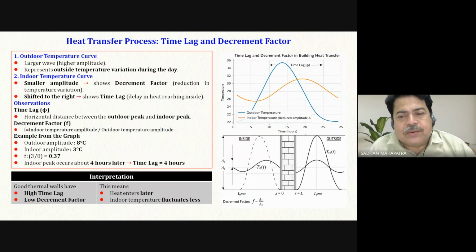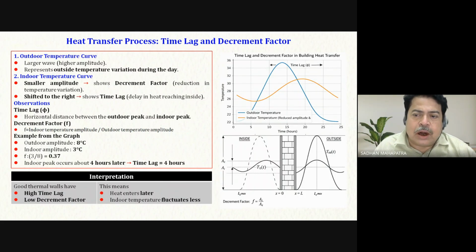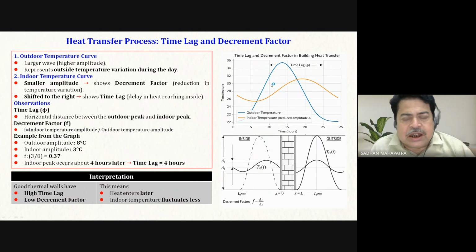Now let's look at this figure where I have shown the outdoor temperature and the indoor temperature variation. The outdoor temperature curve, this blue curve, is a larger wave, higher amplitude. That is obvious. And it represents the outdoor temperature variation during the day. The indoor temperature curve, the light yellow, has smaller amplitude, which shows the decrement factor, the reduction in the temperature variation, and it is shifted to the right.